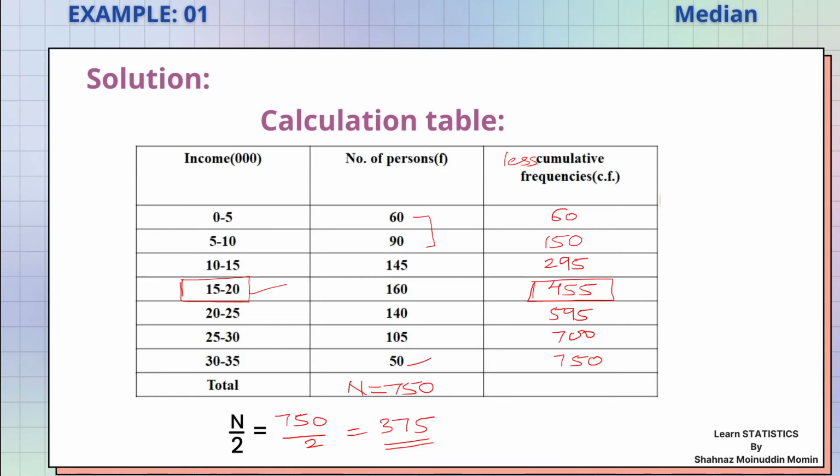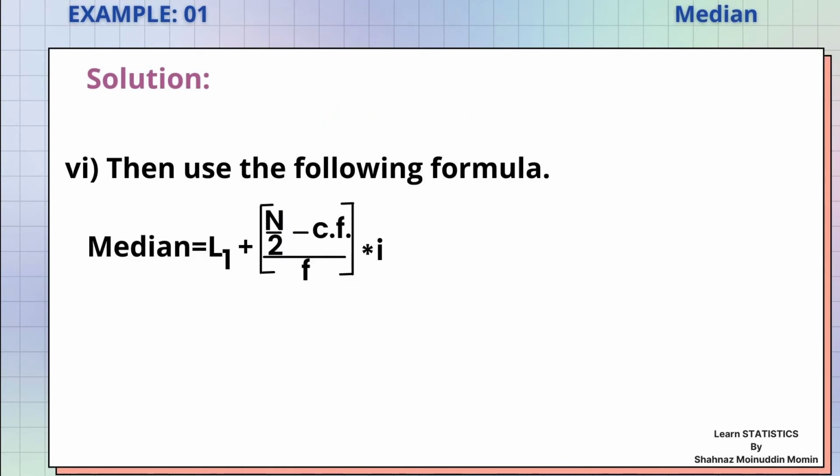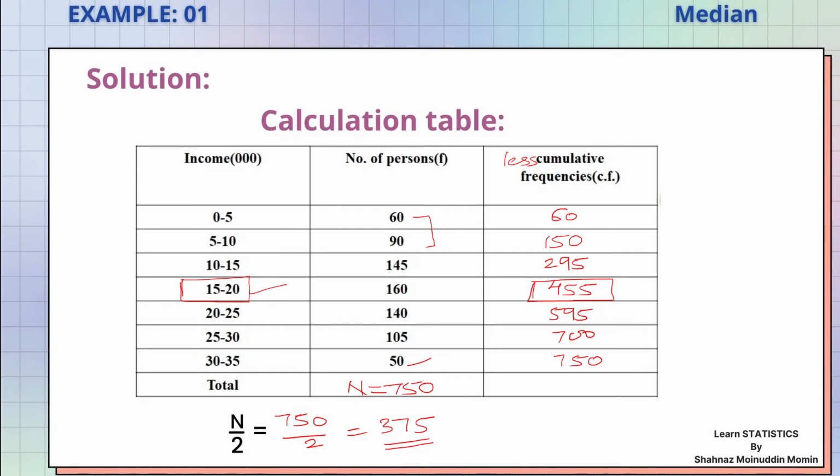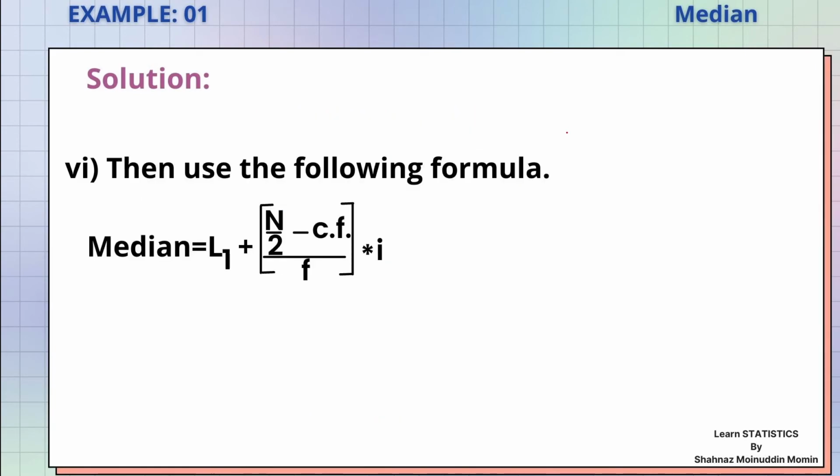Now calculate the median by using the following formula. We have seen 15 to 20 is a median class. Lower limit is 15. Write down the lower limit. 15 plus n upon 2 is 375 minus CF.